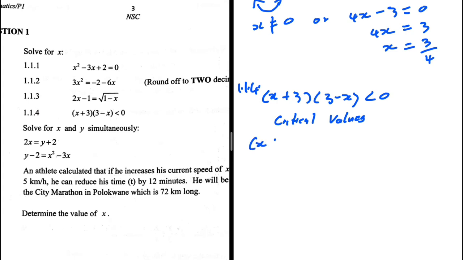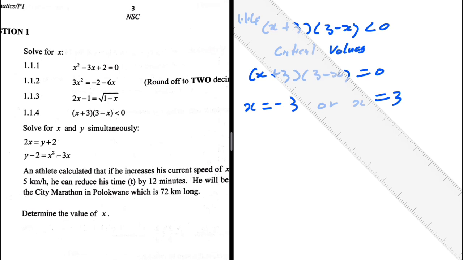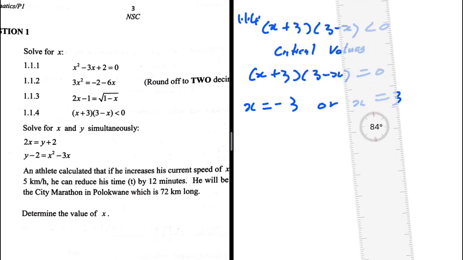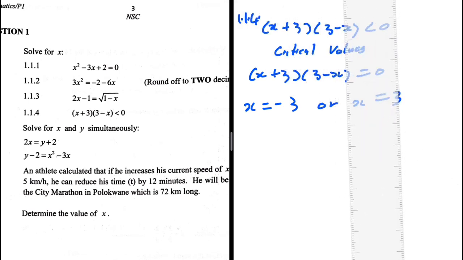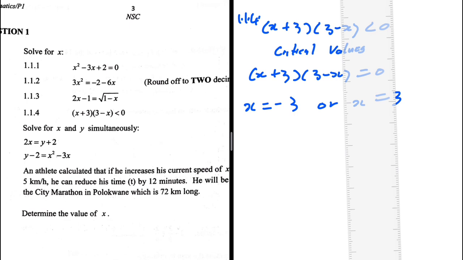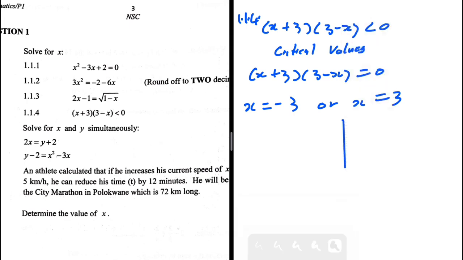So x plus 3 multiplied by 3 minus x equals 0. So x equals minus 3 or x equals 3. So these are our critical values. We need to then write our final answer in terms of an inequality. So this is what I always do. I say that there are two possible solutions after you get your critical values.